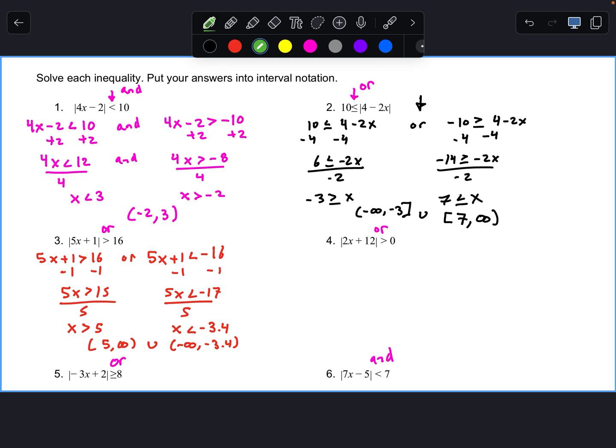As we go into problem 4, we might notice that it's slightly different. So as we set up the first problem, we write it exactly as we see it. Then we go to set up the second problem and think, well, we can't really make 0 negative. So we simply flip the sign and put 0 again. As I'm doing my inverse operations, hopefully these are becoming easier and easier to do.